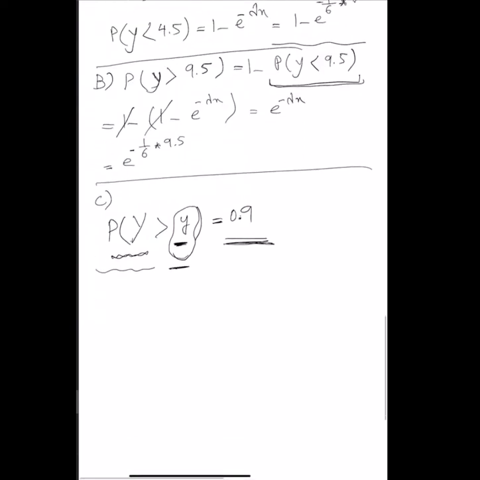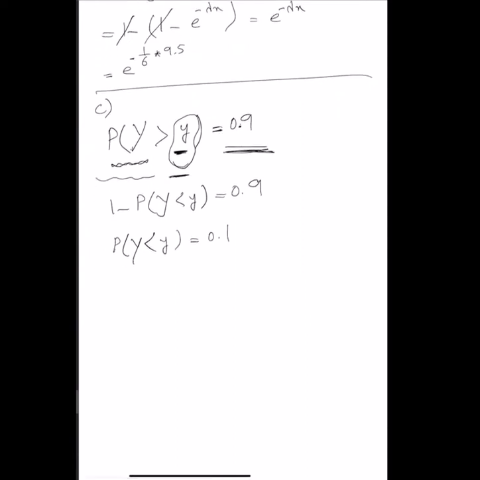So I can write this as 1 minus the probability of y less than lowercase y equals 0.9, or the probability of y less than lowercase y equals 0.1. Again, this is the probability that we know, 1 minus e to the power of minus lambda y, and lambda is 1 over 6.